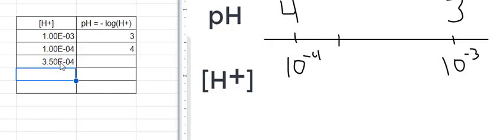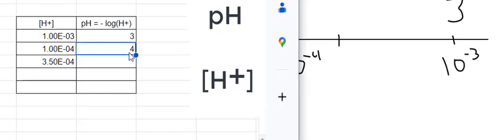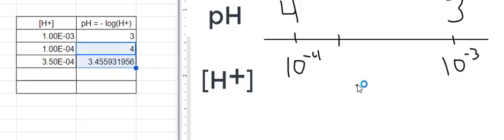Because this concentration is, we'll say, flanked or bracketed by 10 to the minus 3 at the high end and 10 to the minus 4th at the low end. So you would expect when you enter this in your calculator to get a pH of between 3 and 4. And so let's do that. Just drag this down. And it is 3.45 or 3.46.